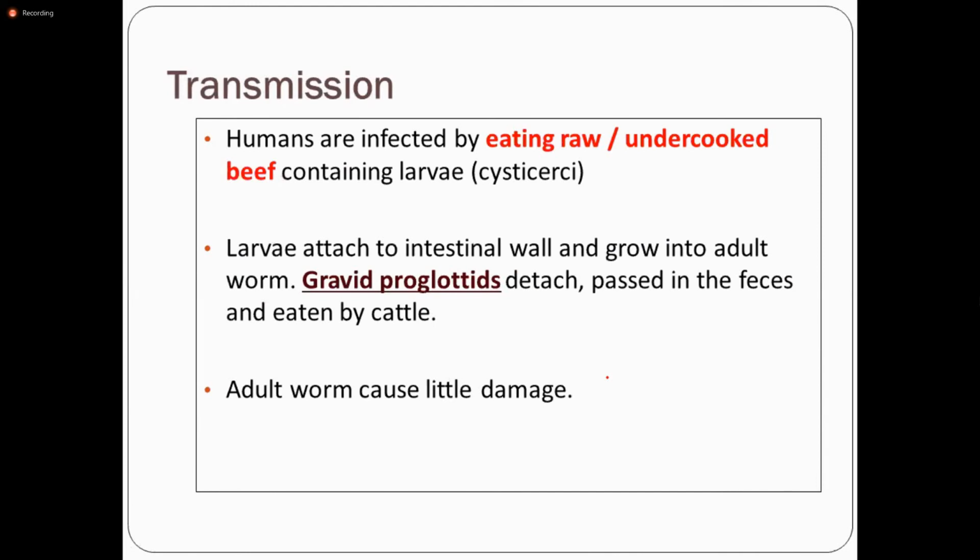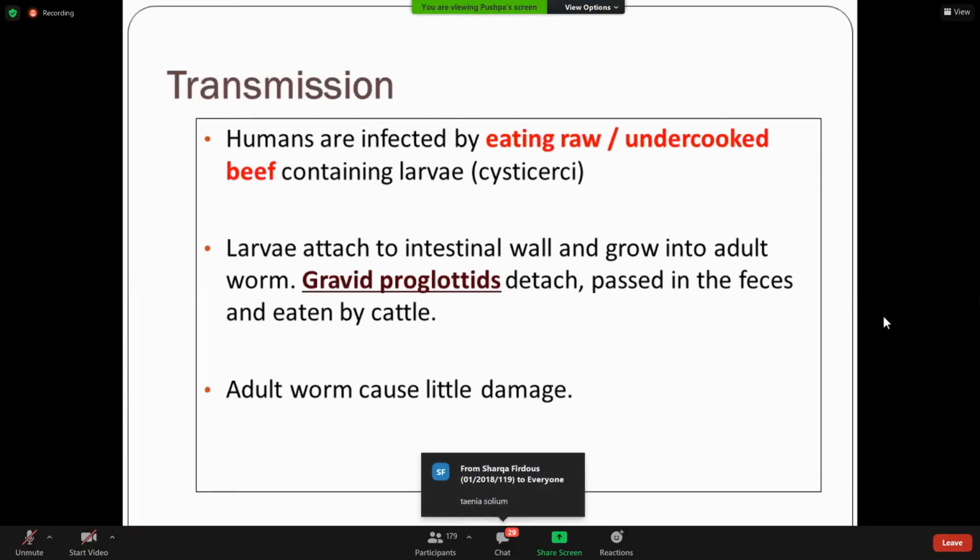So my question to you is, which of these 2 Taenias has got a row of hooks for anchorage? Come on, write down in your chat box. Quick, quick. Taenia solium, Taenia solium, Taenia solium. ठीक है, मेरे बच्चे अभी जाग रहे हैं. Thank you, thank you. ठीक है.